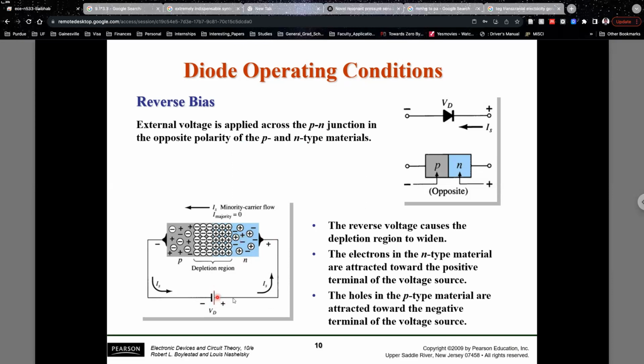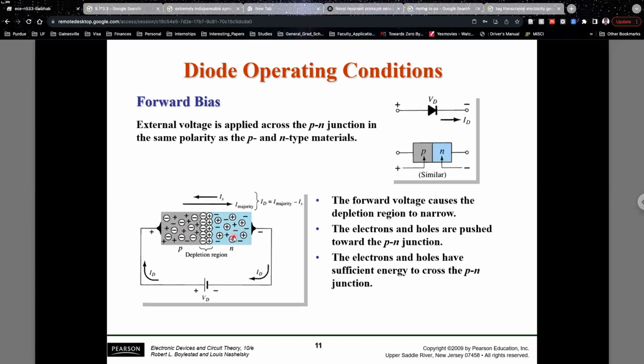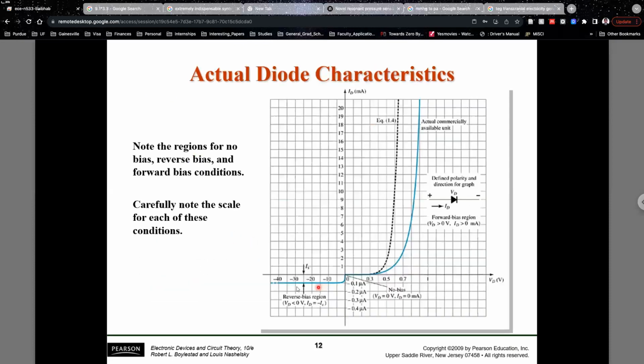As you apply this positive voltage at the N side, this minority hole will be pushed towards the left-hand side. As you apply the negative terminal of the battery towards the P side, this minority electron will be pushed towards the right side. Because these minority carriers can still flow through the depletion region towards the other side, you'll have some amount of small leakage current, which we are showing over here.